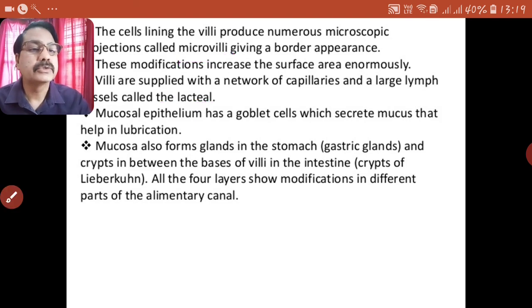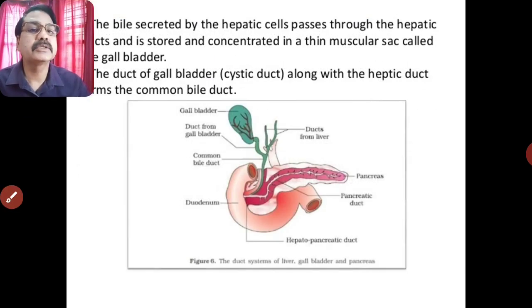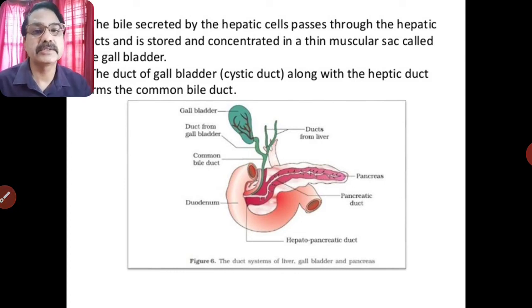Okay. So here in the next diagram you can see the bile secreted by the hepatic cells. Hepatic cells are present in the liver, so we use the term hepatic for liver. Bile passes through the hepatic duct, and it is stored and concentrated in a thin muscular sac called the gallbladder.